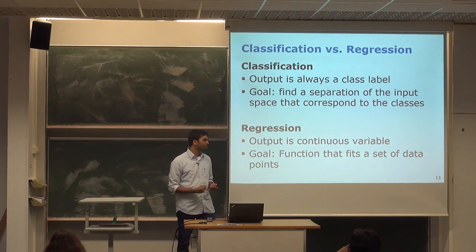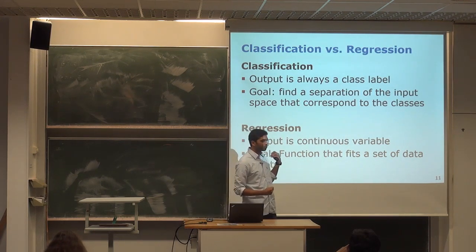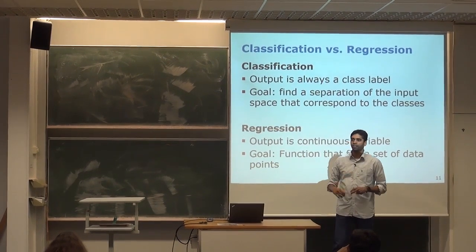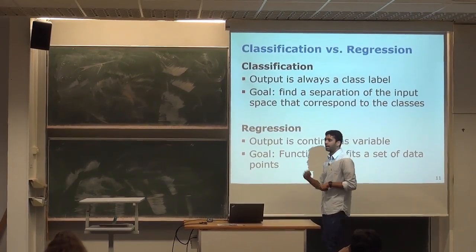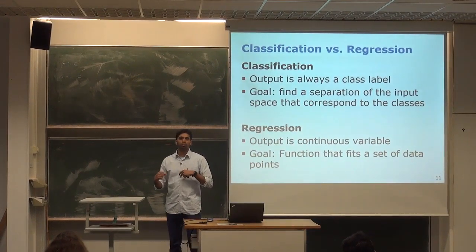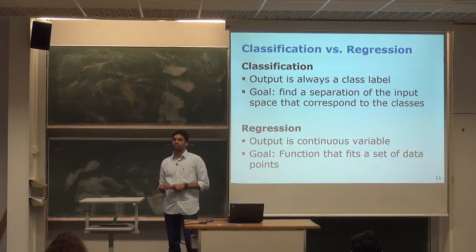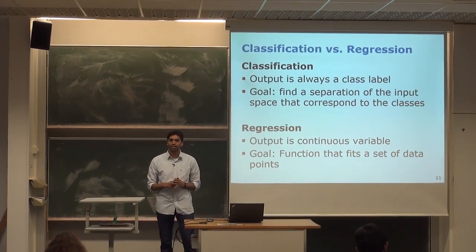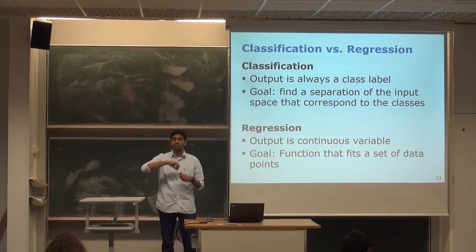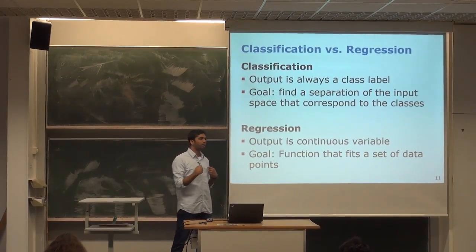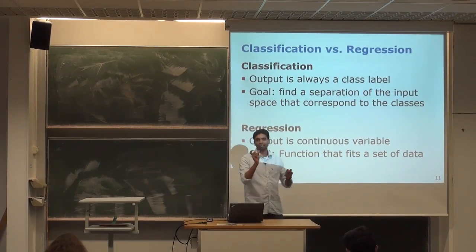For example, say you want to predict the price of a car. Somebody shows you an image and you need to predict the price of this car. Your training data would be, let's say, sizes of the car and the engine power of these cars, and you have some knowledge of what the prices of these past cars were. Then what you would like to know now is actually a euro value.